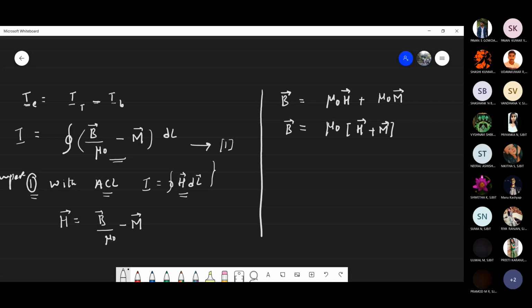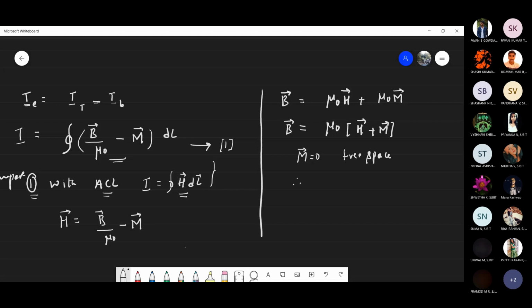So what happens if it is in free space? So if it is free space, magnetization is what? Magnetization is 0. So magnetization is 0 in free space. M is 0 in free space. So what happens to this equation?